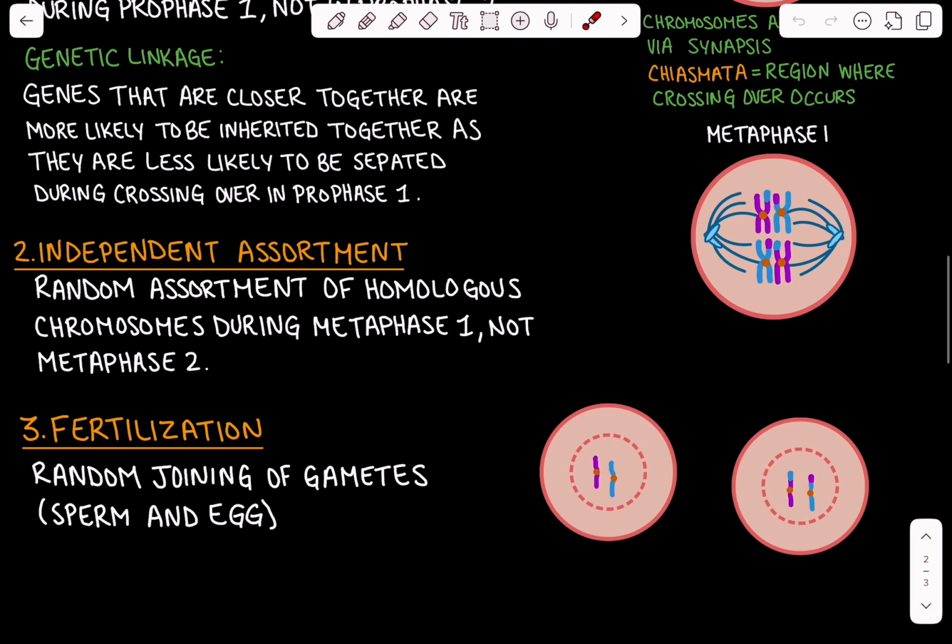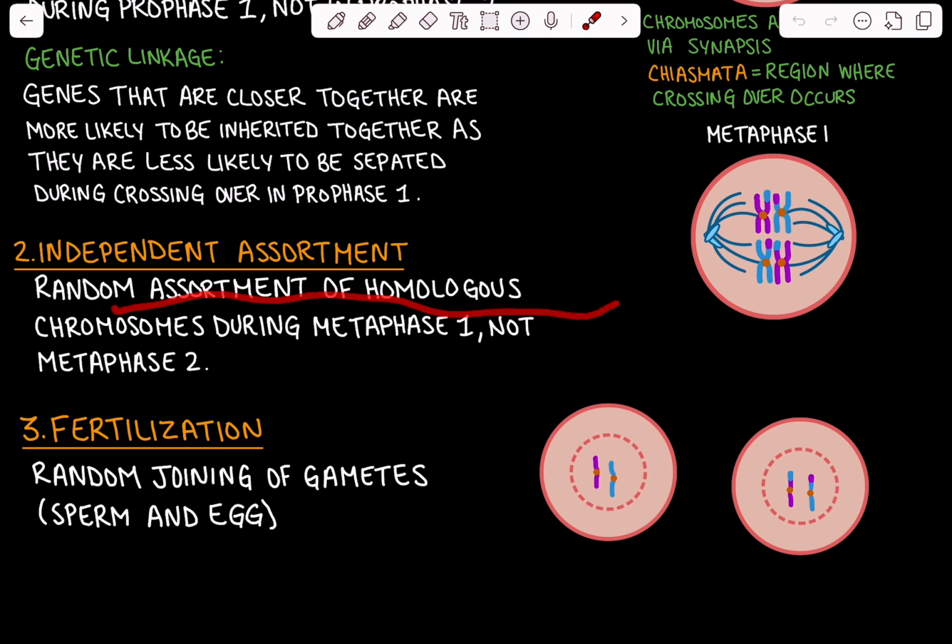Now, moving on, the second way we can have genetic variance is through independent assortment. Independent assortment means that the chromosomes, they align independently of one another during metaphase. So the alignment of one chromosome does not affect the alignment of another chromosome. The alignment is completely random.